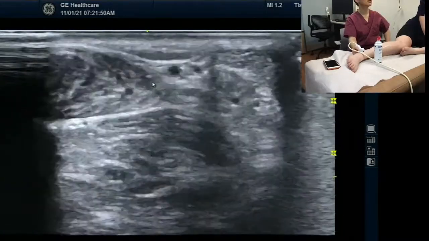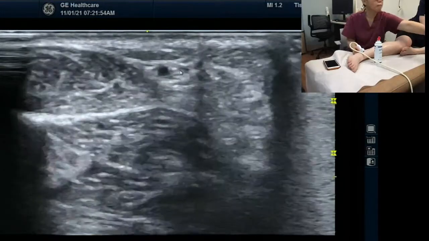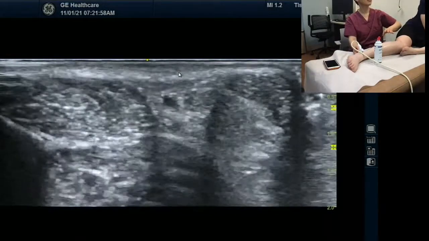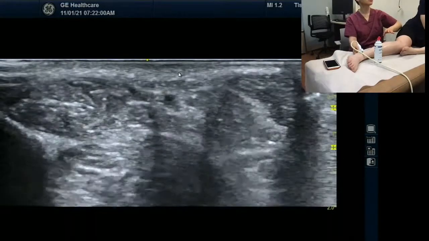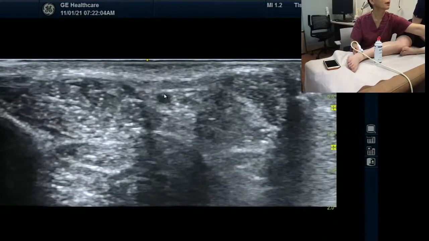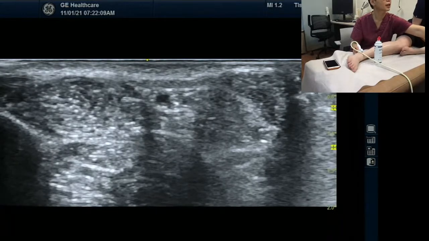Very interesting. See that? Do you see two things, right? That's the small saphenous vein. This is the sural nerve. The sural nerve is close to the Achilles tendon.